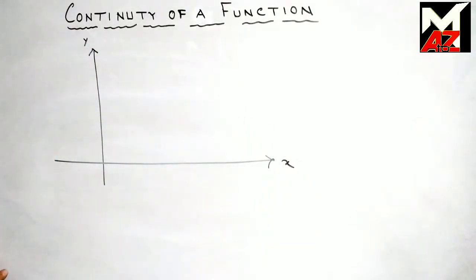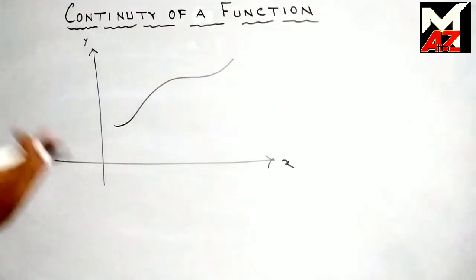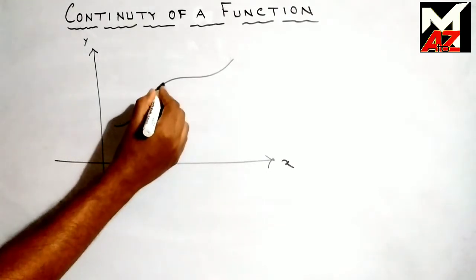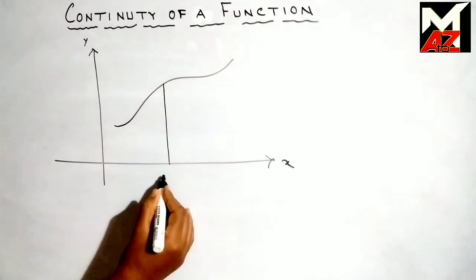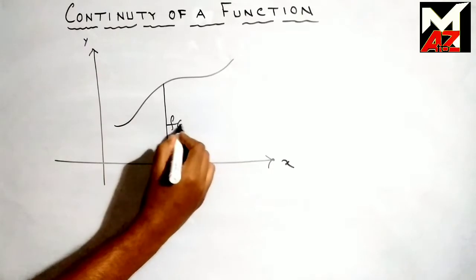Clearly it is continuous, and we take this point as x equal to a, and this is f of a, and here we choose a pre-assigned number epsilon greater than 0.